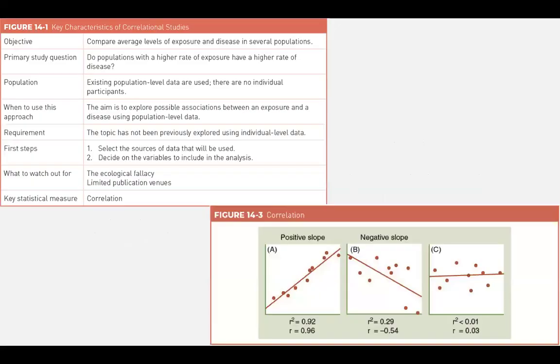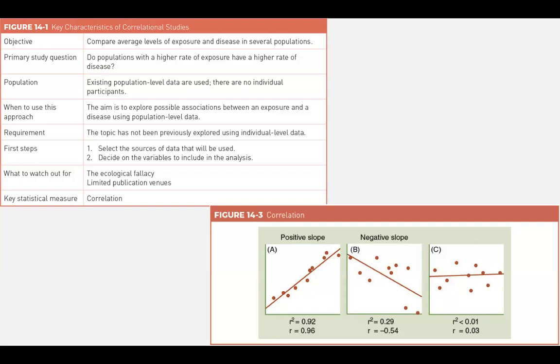So what does this mean? Well, let's say our study question is, does this population with a higher rate of exposure have a higher rate of a disease? So now instead of looking at individual reports, we're looking at data from the CDC. We're looking at data from the World Health Organization.